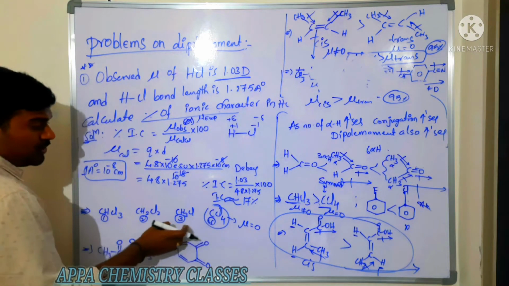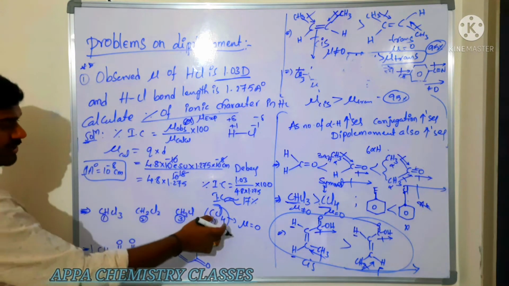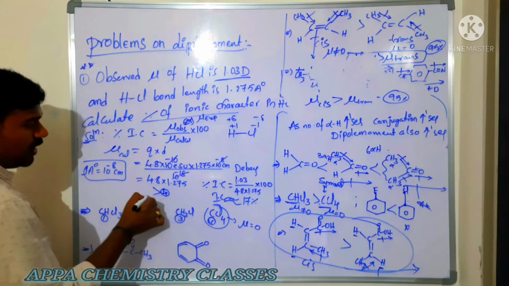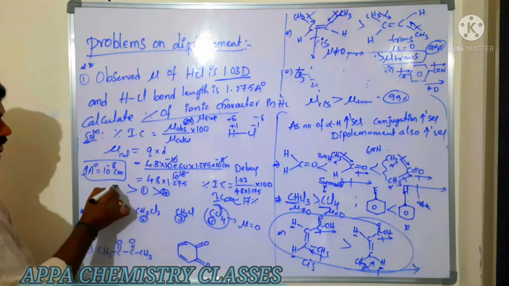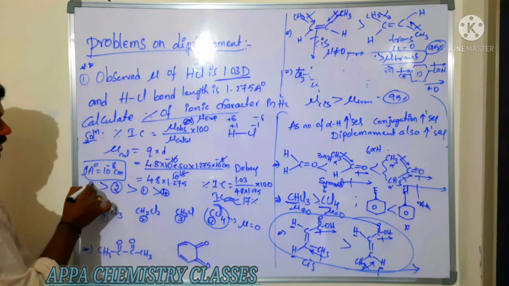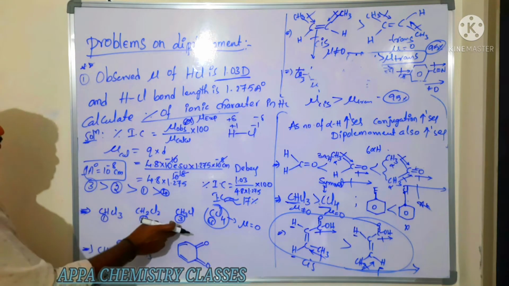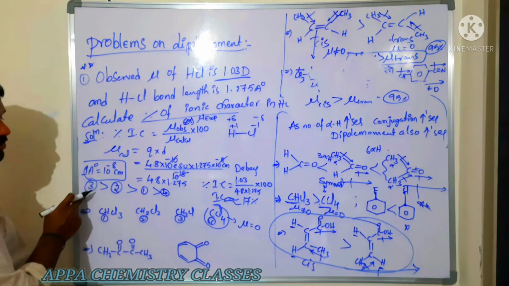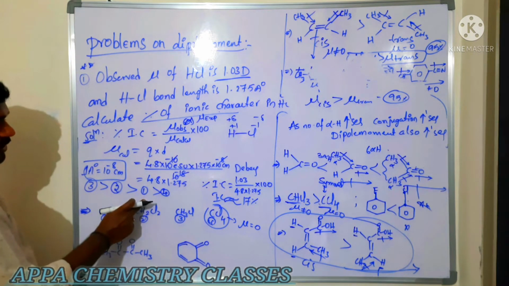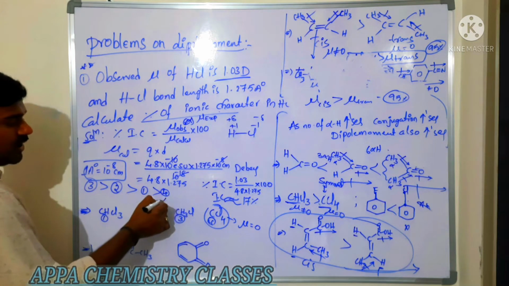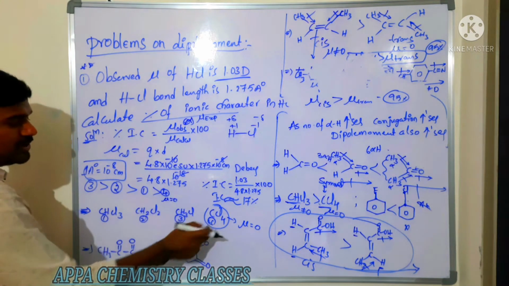Here 4 halogens, here 3 halogens, it is the least one. After that which one? 1. After that 2 halogens. After that 1 halogen. So the 1 halogen one will have more dipole moment. After that 2 halogens. After that 3 halogens. For 4 halogens, dipole moment is equal to 0 because it is a symmetrical molecule.